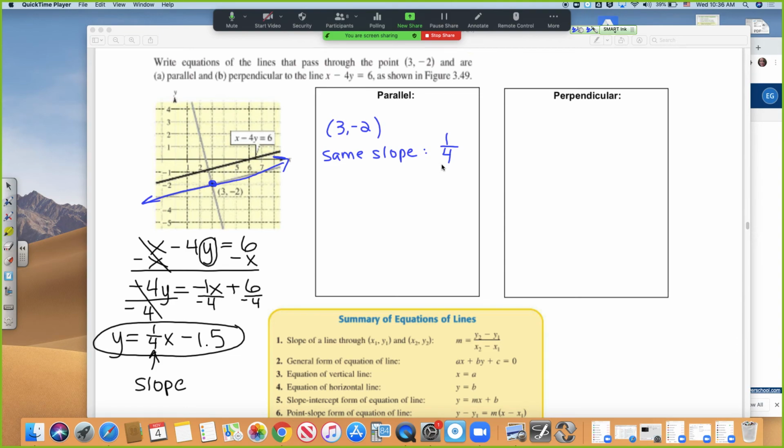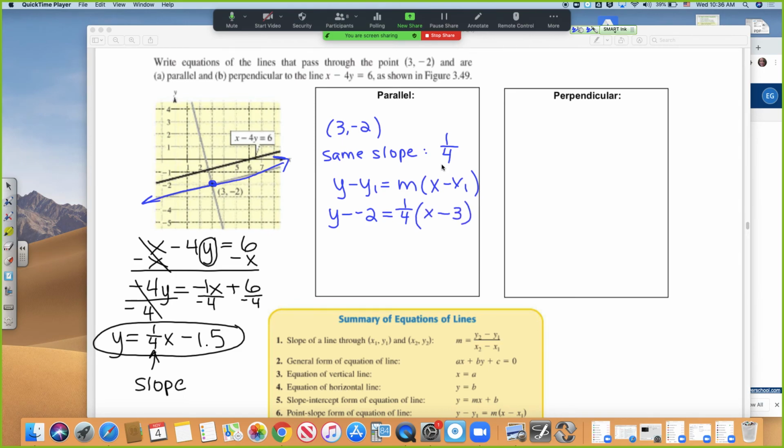So if we use the formula y minus y1 equals slope times x minus x1, we could put this stuff into the formula and be done with it, not have to do anything else. We're going to put negative 2 in for y1. So it's going to be y minus negative 2 equals, slope is 1/4, parenthesis, x minus 3.